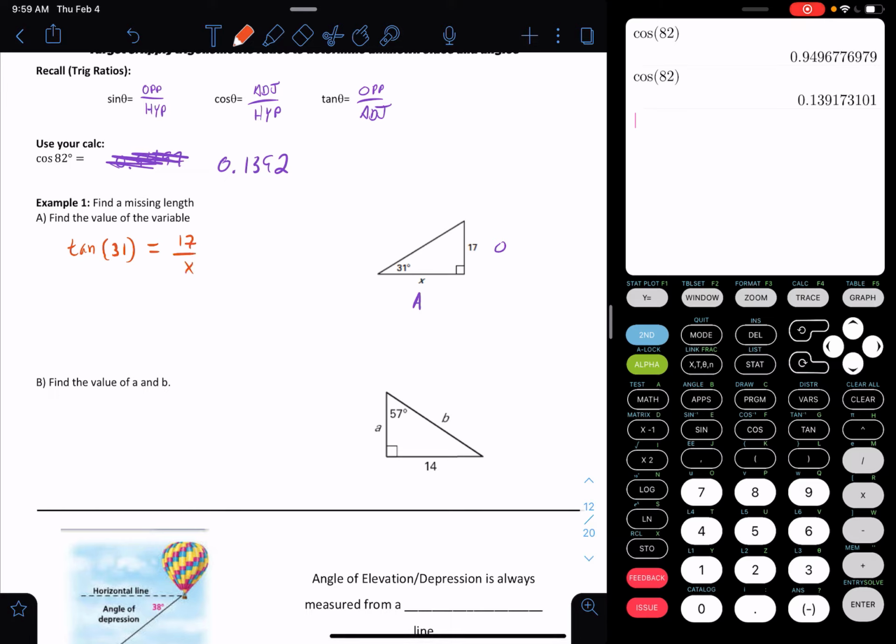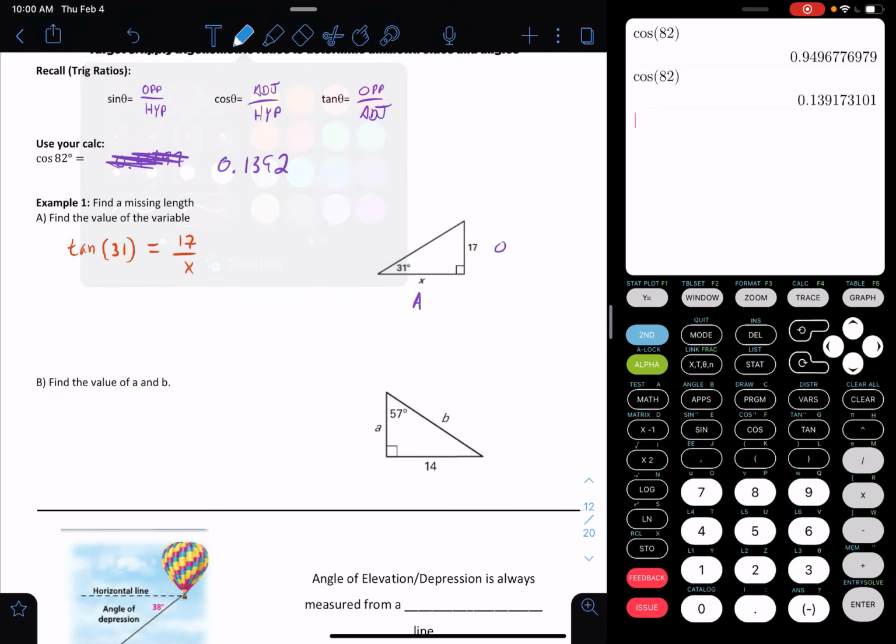Okay, so you might be asking, well, how do I solve this now? It's got a tangent of 31. Well, remember, tangent of 31 is just a number. We saw that up above. When I did cosine of 82, that just gives me a number. Okay, so how would I solve something like this?